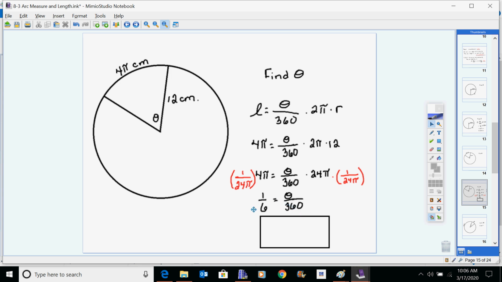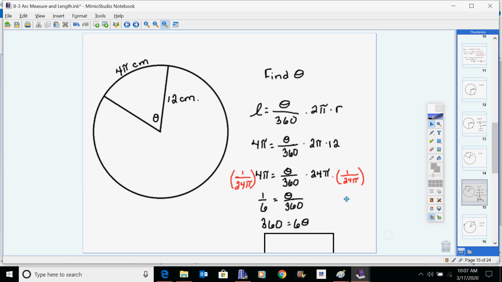Many of you are comfortable with cross multiplying. If you're not, get comfortable with it. 360 times 1 is 360. 6 times theta, not pi, sorry. 1 times 360 is 360. 6 times theta is 6 theta.